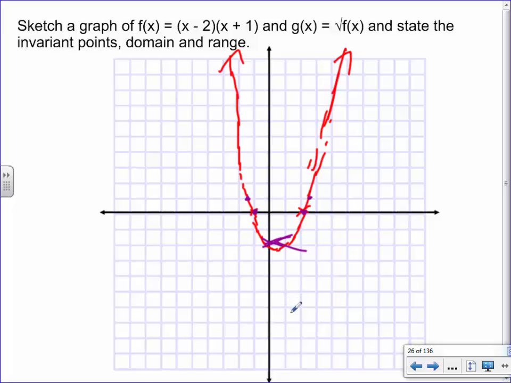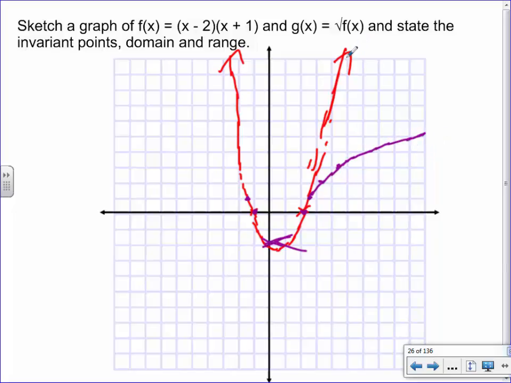And then I focus on the part of the graph where it's getting larger, like right here. Here my y values are getting larger. What happens when you square root a number like 9? Well, 9 would drop down to 3. 4 would drop down to 2. All of these points are now going to be shorter than their red partners.